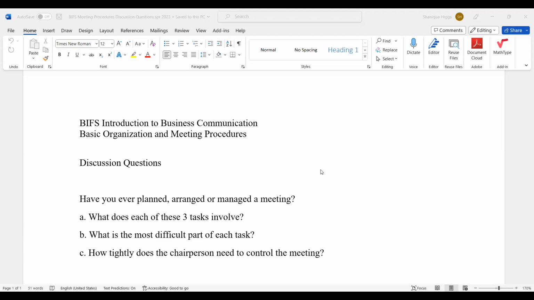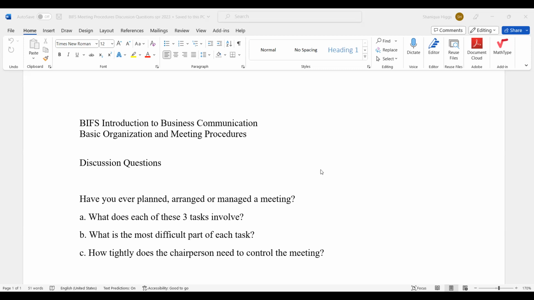More structured meetings, especially if there's a big agenda, the chairperson really needs to be in control to make sure that all the objectives are met and every item on the agenda takes place in the allotted time. If you have a meeting that's supposed to last an hour and the agenda is a 10-item agenda, that's a lot.